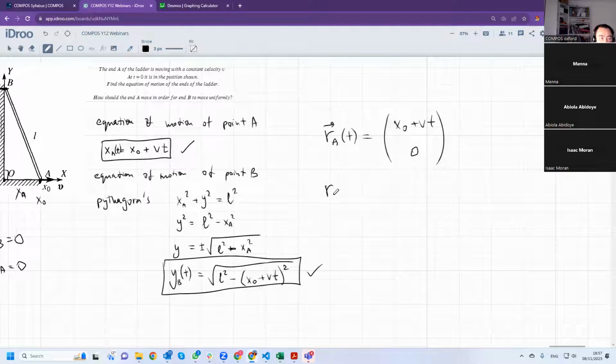And rb, the position of point B of t, is equal to 0 and square root of L squared minus x0 plus vt squared.